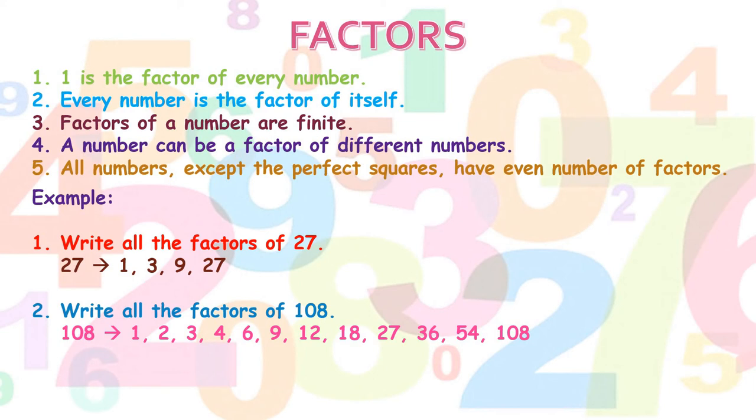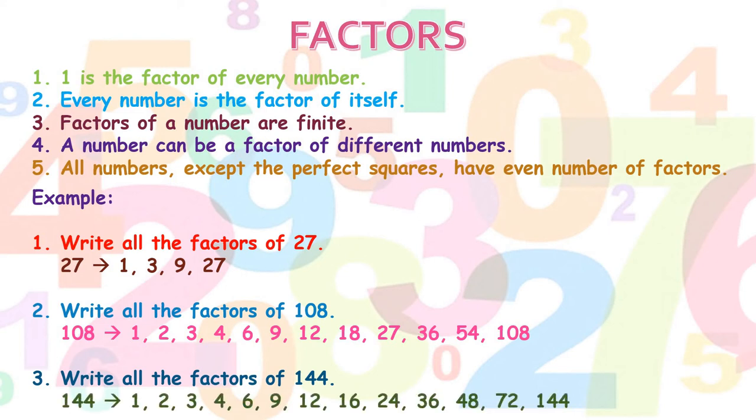Okay. Next, write all the factors of 144. Right. 144 factors are 1, 2, 3, 4, 6, 9, 12, 16, 24, 36, 48, 72 and 144.